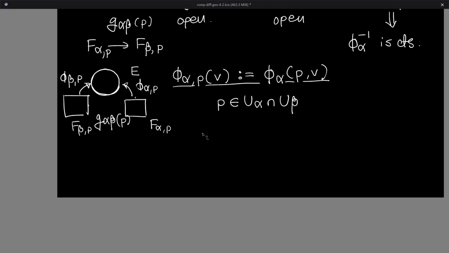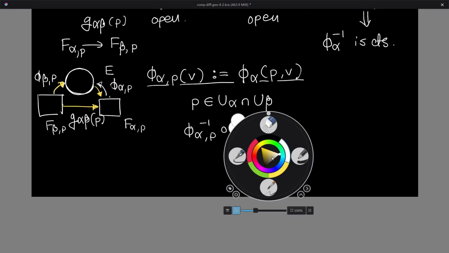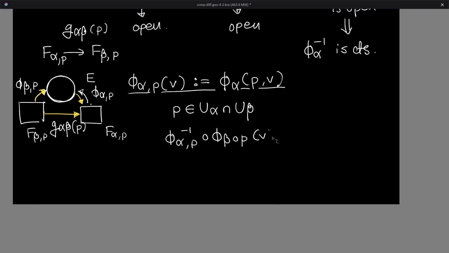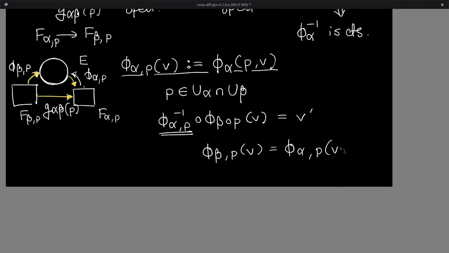And so then we would like to say that phi alpha P inverse after phi beta P. Right, so we're going first this way, and then we're going against the grain here. So that's basically what I wanted to keep straight. So let's say that that's acting on V to give you V prime. But then if we multiply both sides by phi alpha P, then we get phi beta P of V is equal to phi alpha P of V prime.